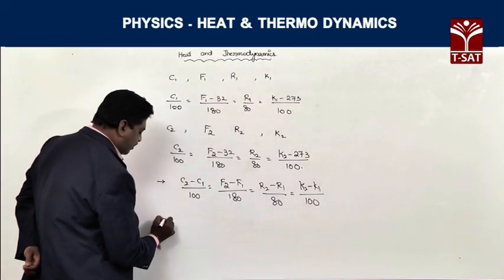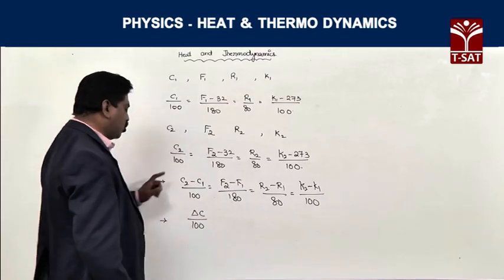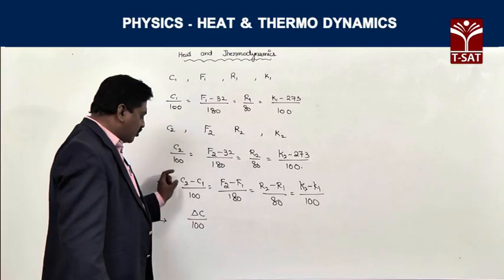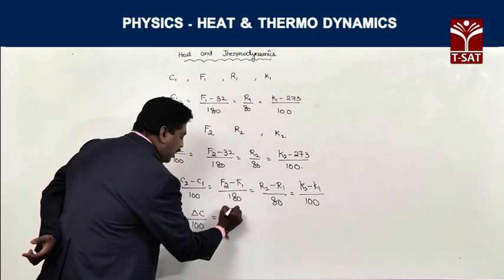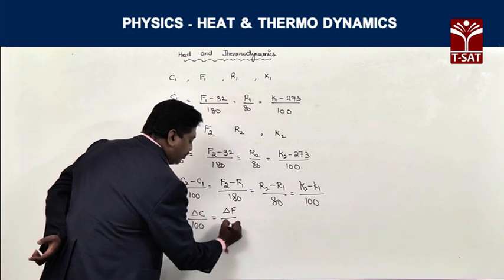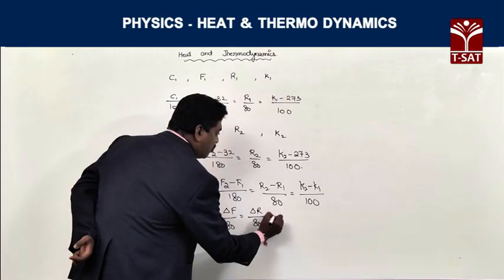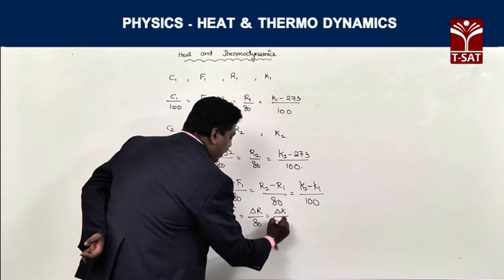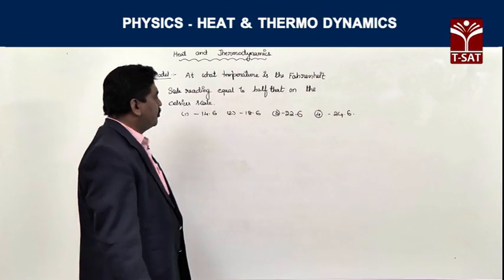This we can represent as delta C by 100, because C2 minus C1 is a change, so C2 minus C1 can be given as delta C. In the same manner, delta F by 180 is equal to delta R by 80 equal to delta K by 100. Now, let us see a model.